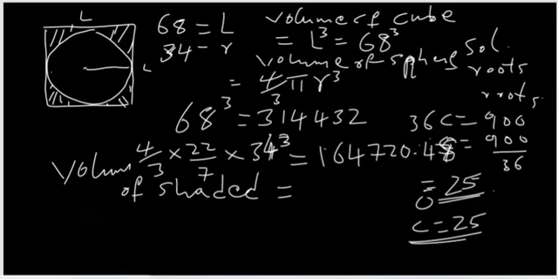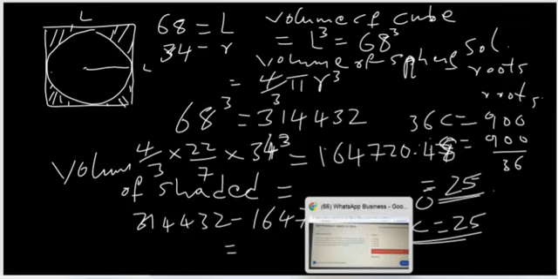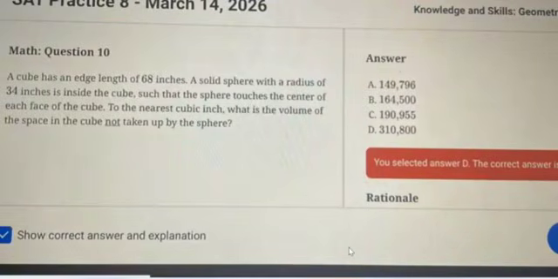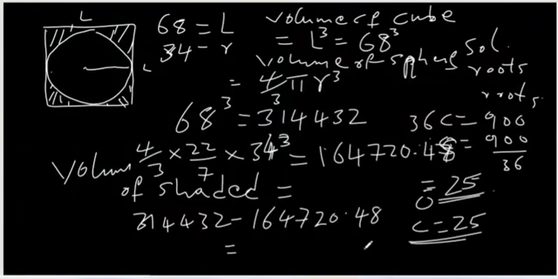The volume of the shaded part is going to be equal to 314,432 minus 164,720.48. What will it give us? Subtract this.